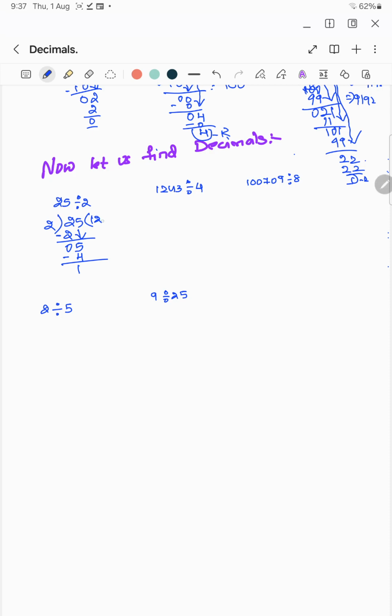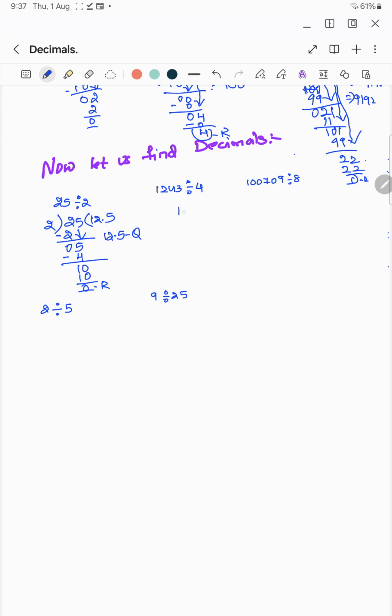First we have to keep a decimal point here and add 0 here. Next find the multiple of 2 which is equal to 10 or less than 10. So 2 into 5 is equal to 10. So here the remainder we got is 0. Now 12.5 is the quotient.